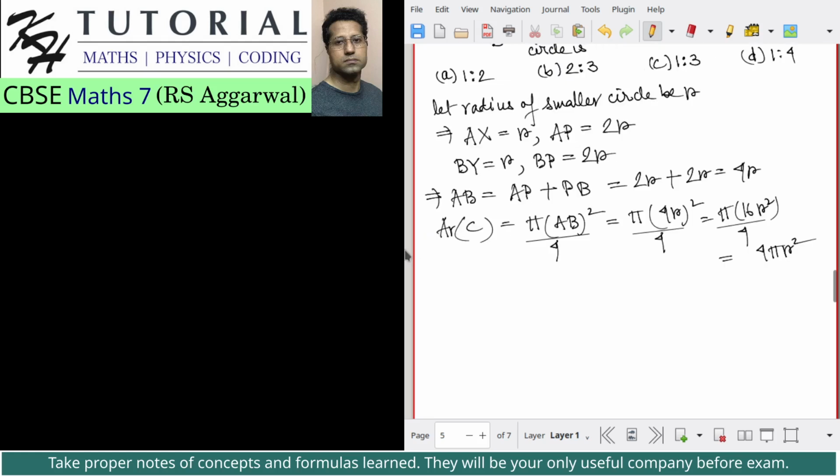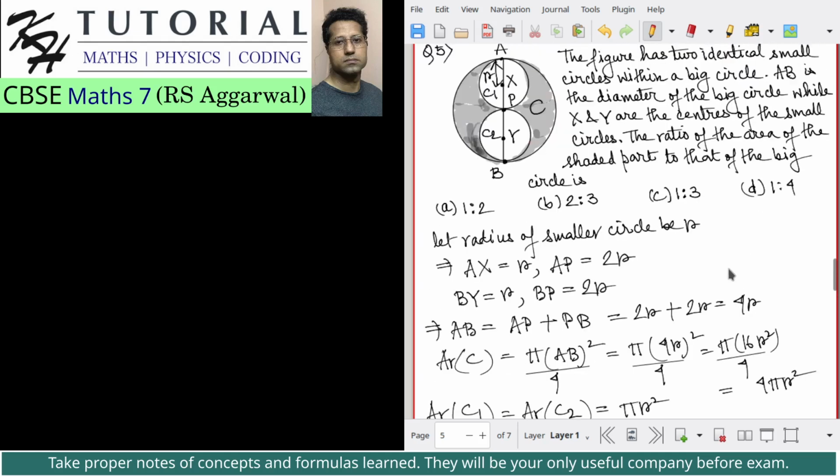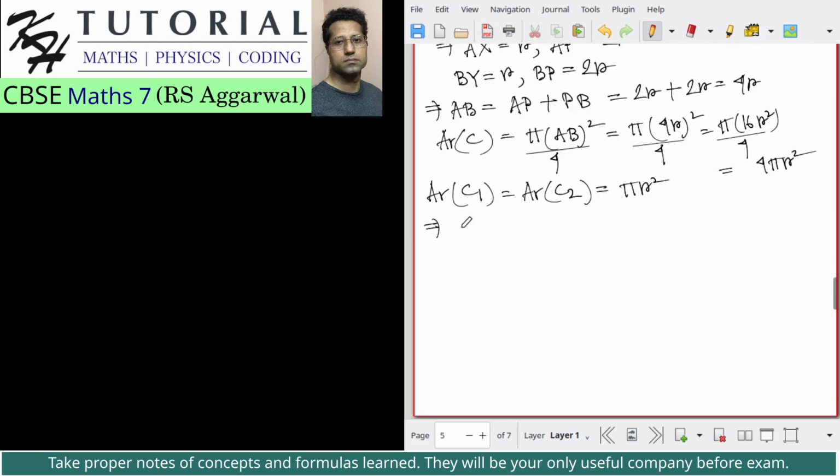Now what is the area of the two smaller identical circles? The area of C1 will be equal to the area of C2, which is pi r square, since we have considered r to be the radius of the two smaller identical circles. So the total area of the two identical smaller circles will be pi r square plus pi r square, which is equal to 2 pi r square.